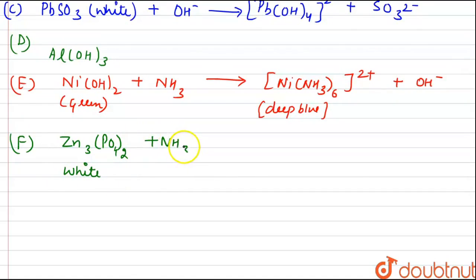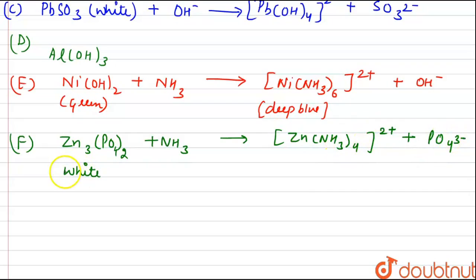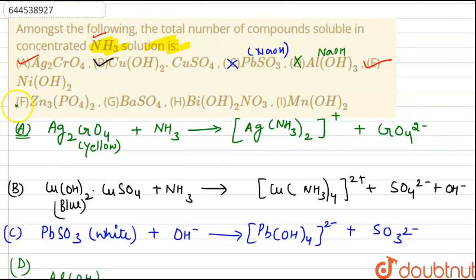When it reacts with ammonia, that is NH3, the product we get is a complex of zinc and ammonia, that is [Zn(NH3)4]2+, along with PO4 3-. So it is soluble in ammonia; this one is also soluble.